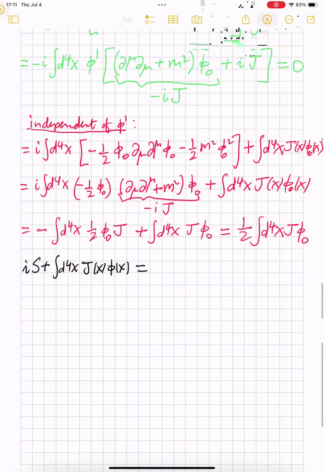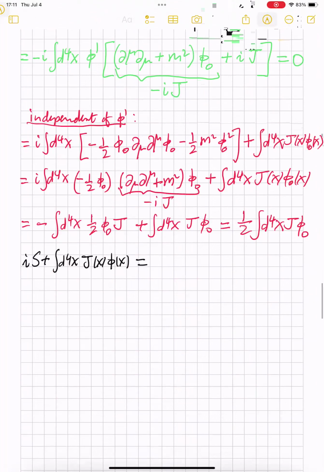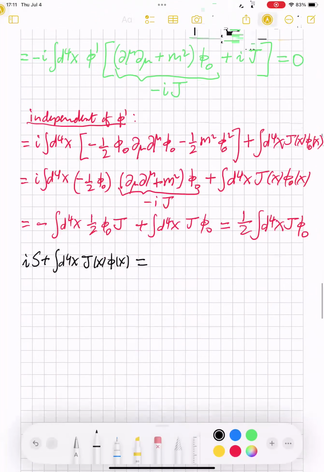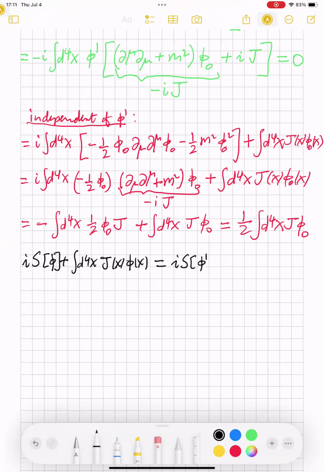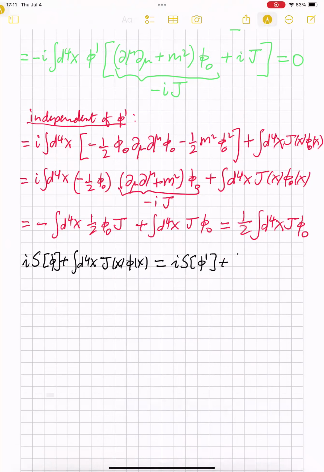And the result of doing this gives us, in fact, sorry, let me just rewrite this slightly just so there's no confusion. Let's just try to be as clear as we possibly can. So sitting over here, we've got the action evaluated on the field phi, and this becomes i times the action evaluated on the field phi prime, and then plus 1/2 integral d4x j phi naught.